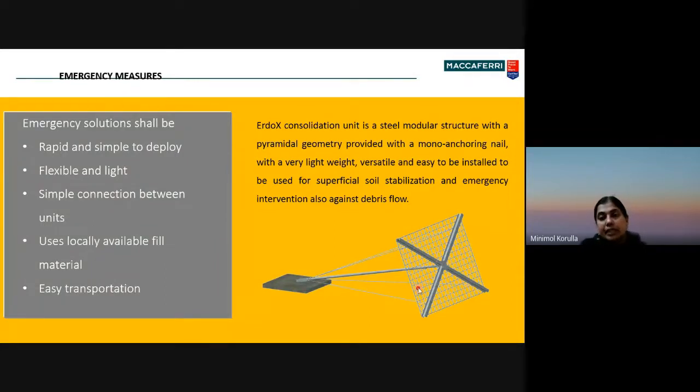So this is a new type of product which is mentioned as the umbrella system in our highway guidelines. And one system is called AirDog, which combines a nail and a barrier system. So we can see a barrier system and a nail together.